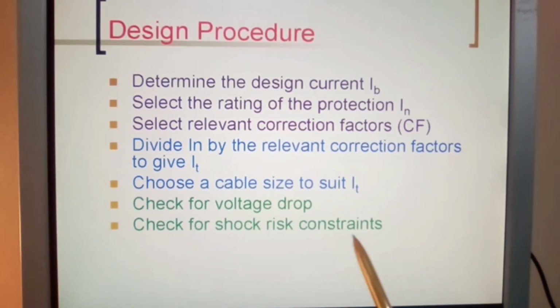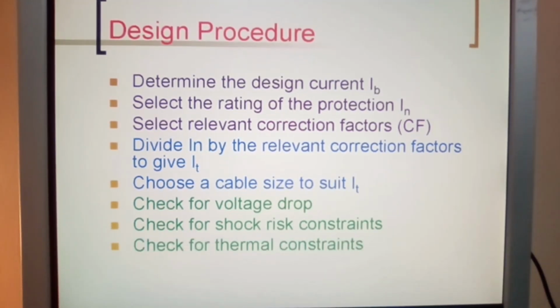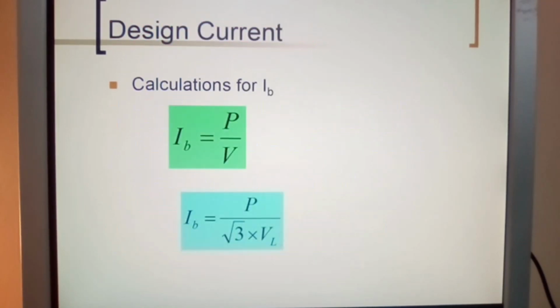Check for shock risk constraints. Check for thermal constraints.